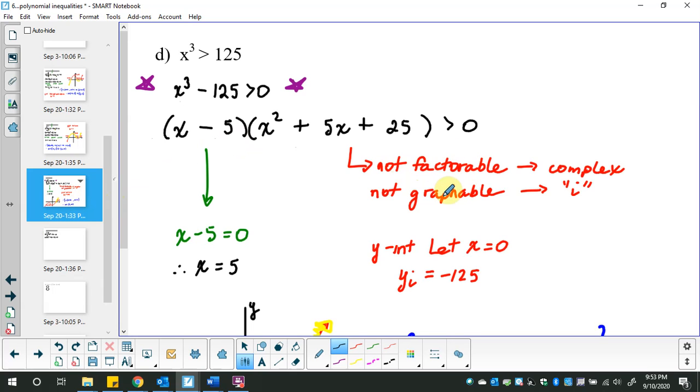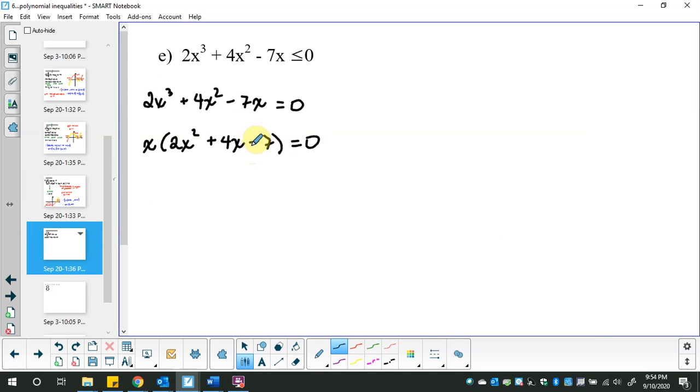You can only do this when you've got a sum or difference of cubes. So if you've got something that's not factorable and it's a trinomial and it doesn't come from a sum or difference of cubes, guess who's stuck doing the quadratic formula? Yeah, you. So quadratic formula time. Here it is again, in case you've forgotten.